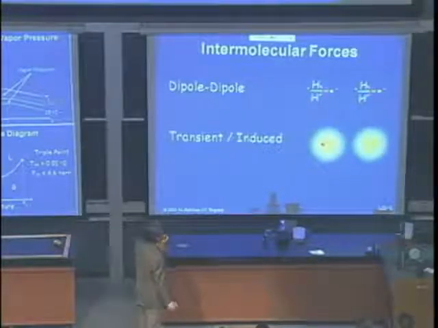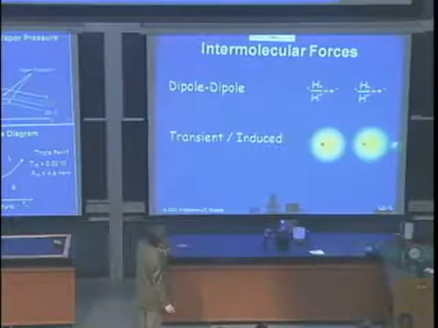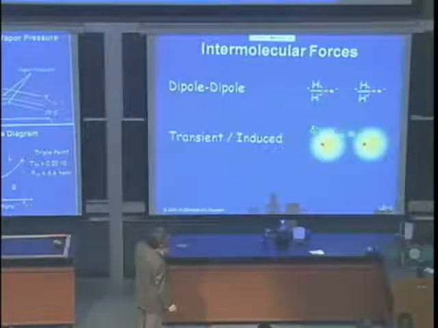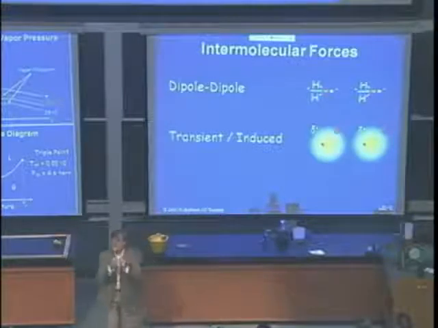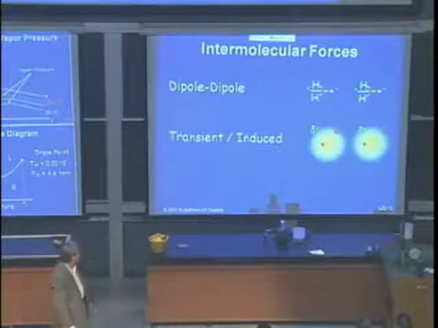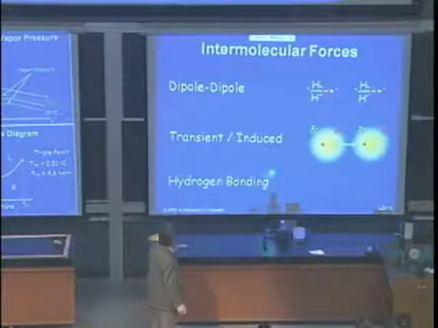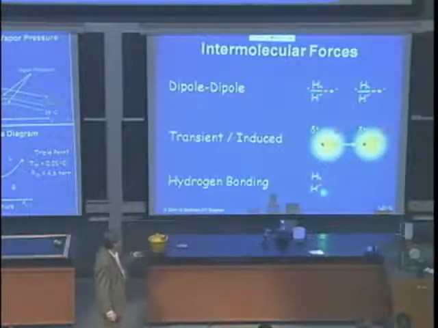You see that the cloud would be asymmetric. It would be over here. This would be more negative, and this would be the positive part. That means there's the delta plus here, and there's the delta minus, and the delta plus, and the delta minus. So you would have some brief interaction. And then there is an even stronger interaction, and this happens with water, which is hydrogen bonding. Actually, it's not bonding.